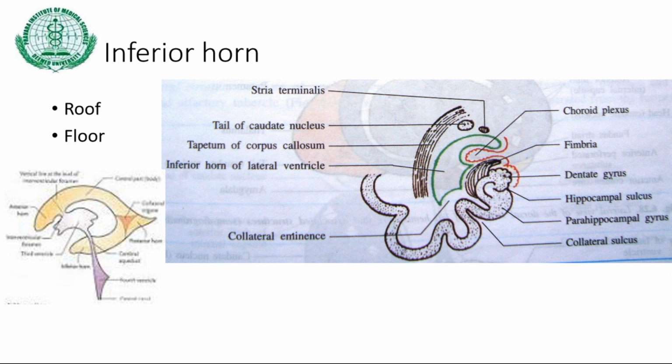The fibers derived from the hippocampus form a thin sheet of white matter known as alveus, and this alveus converges backwards and medially to form the fimbria, which is continuous with the crus of the fornix below the splenium.